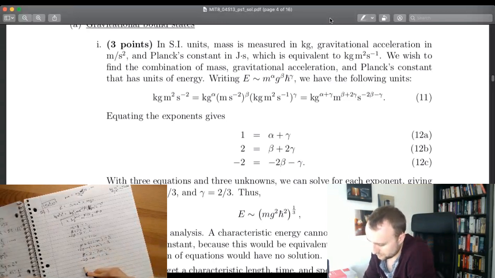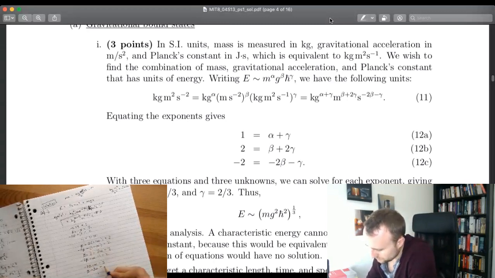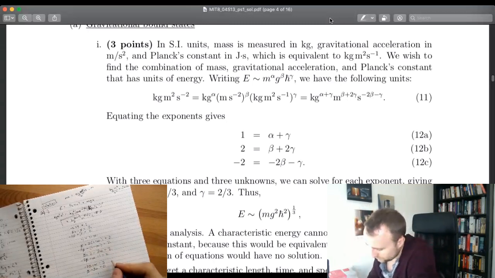And then we have minus 2 beta plus alpha is equal to 3. So we have alpha is equal to 3 plus 2 beta.